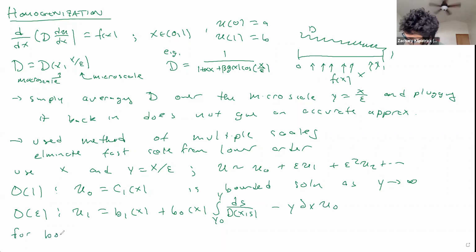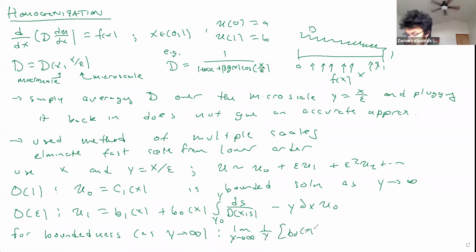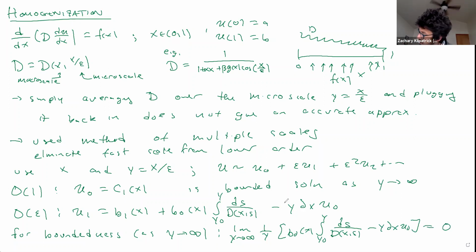And we found that for boundedness, as y gets big, we needed that the limit as y goes to infinity of 1 over y b0 of x, integral from y0 up to y ds over d of xs minus y dx u0 was equal to 0. Because otherwise, as y gets big, these terms can blow up.